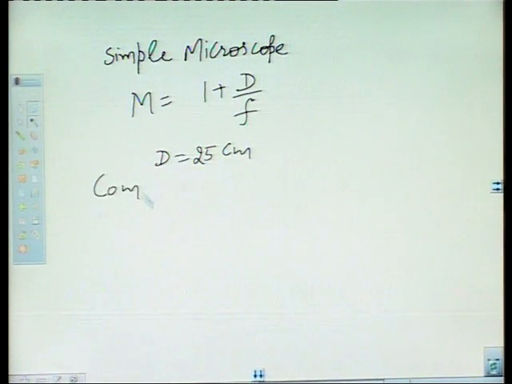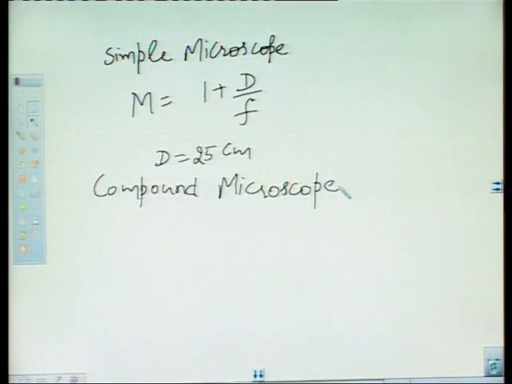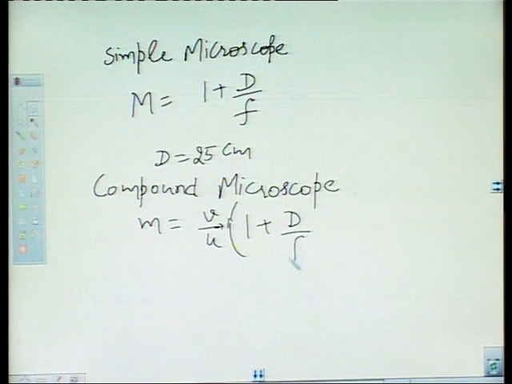Next is for the compound microscope. For compound microscope, the magnification is equal to v upon u into 1 plus D upon Fe, where Fe is the focal length of the eyepiece.